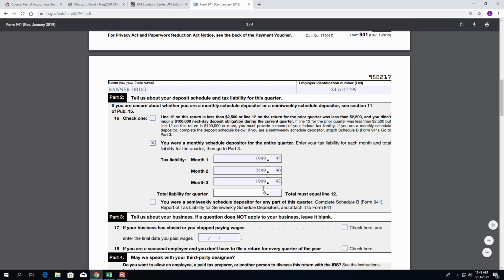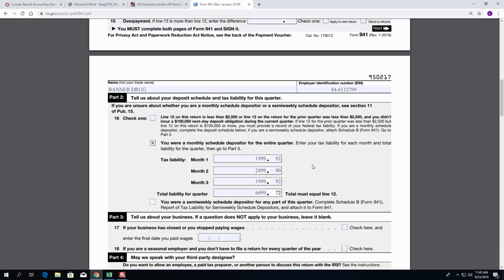So technically, if you add them up, that's how much I owed all quarter, right? $499.98 times 4, times 5, and times 4. If they paid monthly, would those numbers be different?